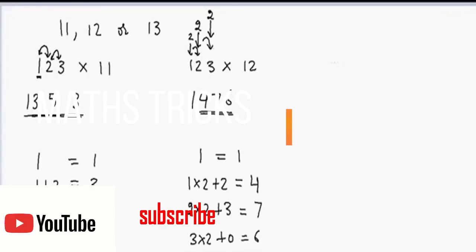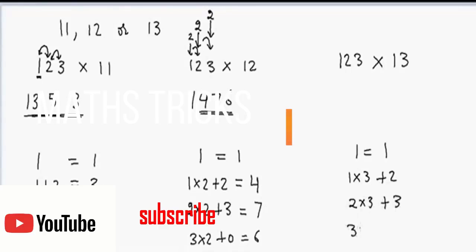So let's go to another example and multiply by 13. If I have 1 2 3 and I want to multiply by 13, in this case I'll do the same way. The first digit will be equal to the first digit, the second will be 1 into 3 plus 2, the third will be equal to 2 into 3 plus 3, and then we have 3 into 3 plus 0.